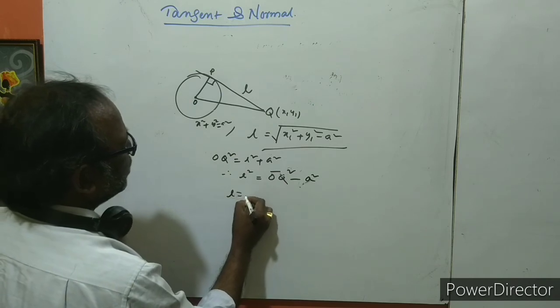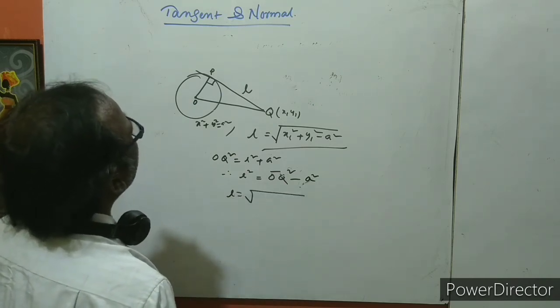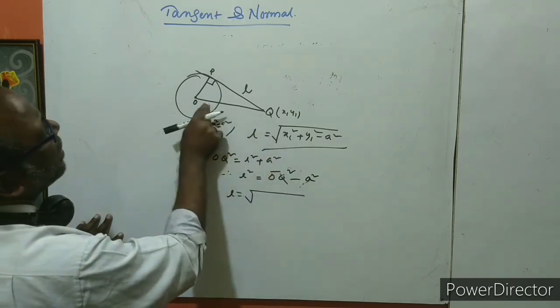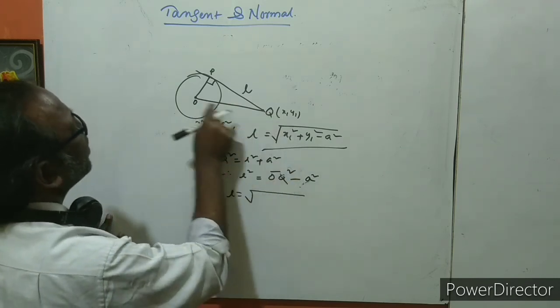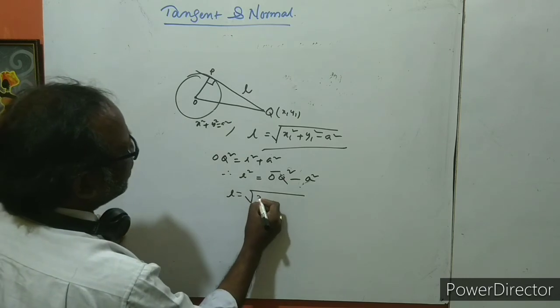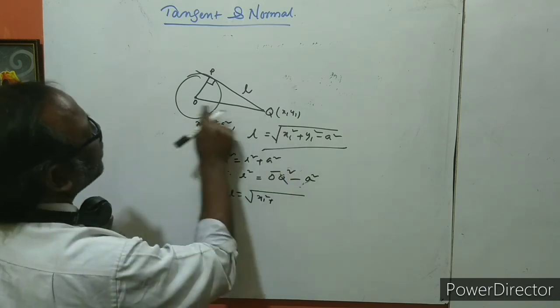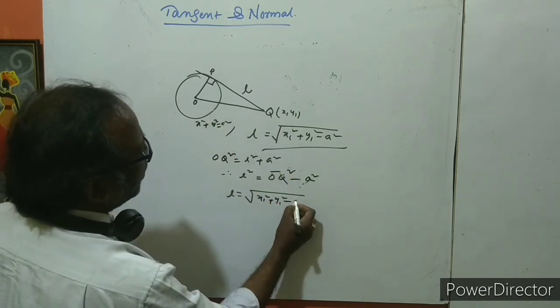So L is equal to root over of OQ square minus a square. OQ square is the length of that, and that is x1 minus 0 square plus y1 minus 0 square, that is x1 square plus y1 square.